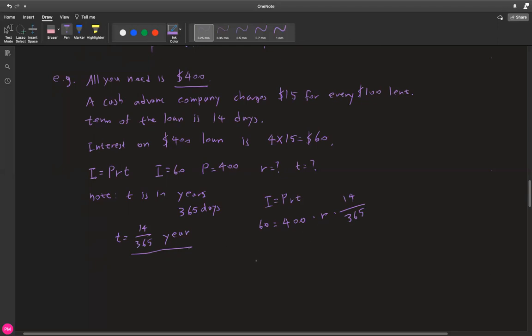So let's actually do this together. First, I'm going to divide 400 on each side. Then 400 should cancel out, and you should have R multiplied by 14 over 365 is given as 60 over 400.